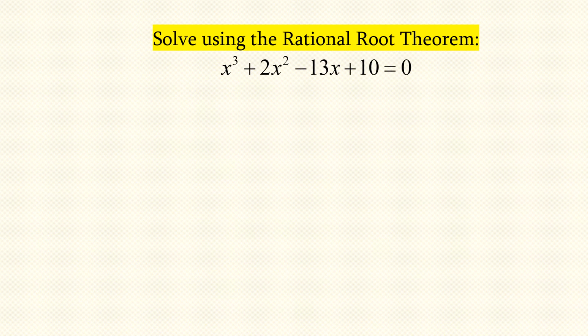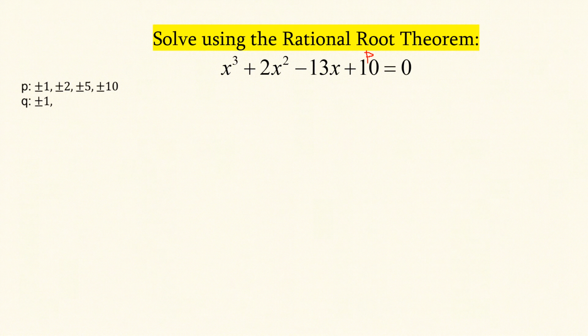Let's have another example. So, we have here x cubed plus 2x squared minus 13x plus 10 is equal to 0. So, kunin muna natin yung ating P and Q. So, yung ating P dyan is yung ating 10, which is the constant term.